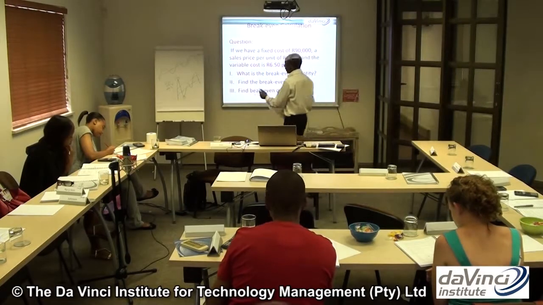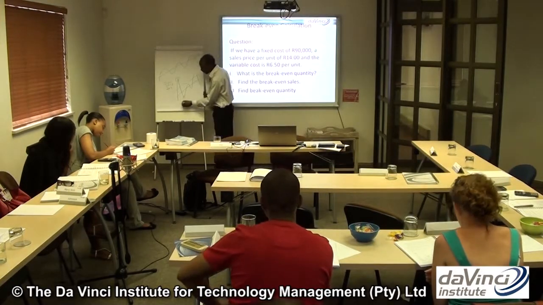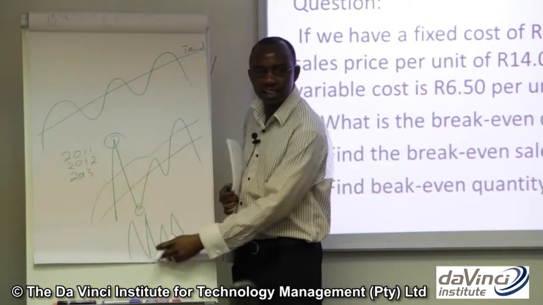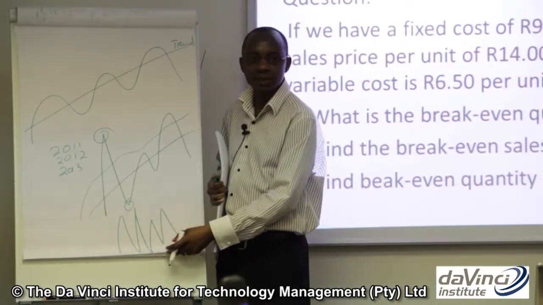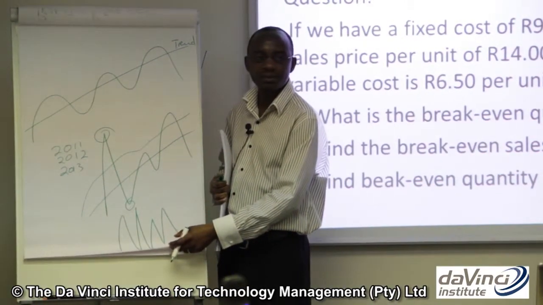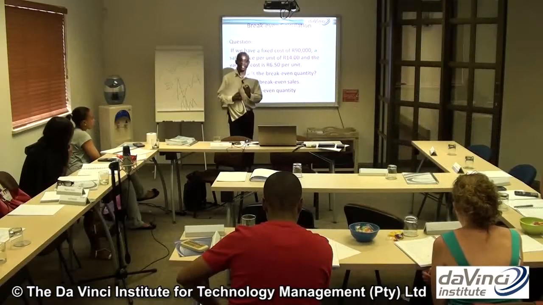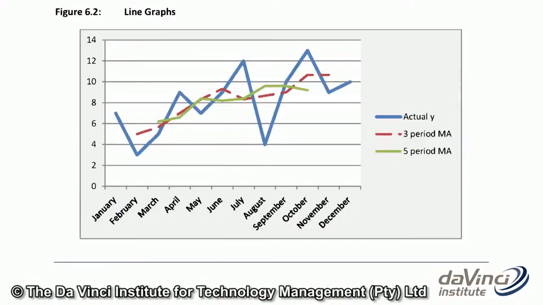If a graph is like this, sometimes when you plot the original variables and they are showing you this, it might not be easy to tell which direction this is moving. But when you center it and you have the 3 moving average, look at the dotted line. You can actually see what is happening here. So it's actually going up here.